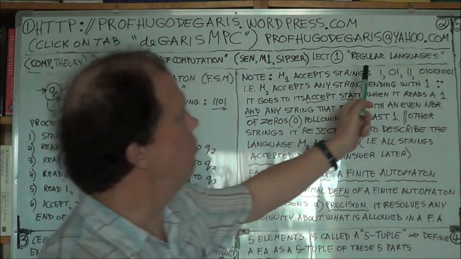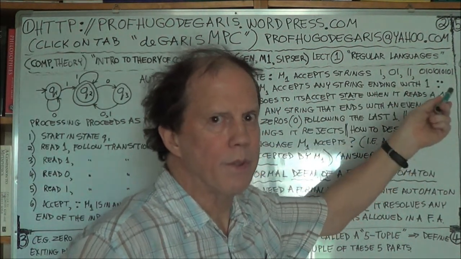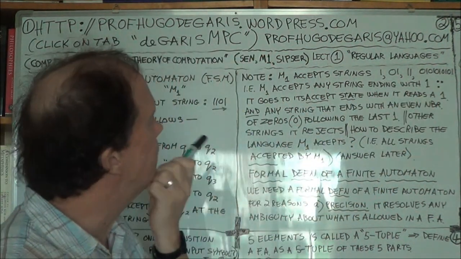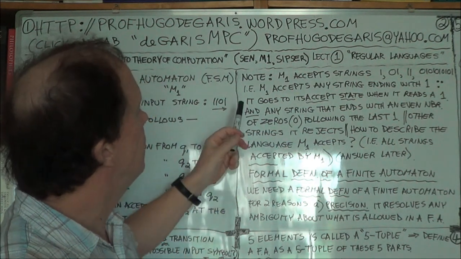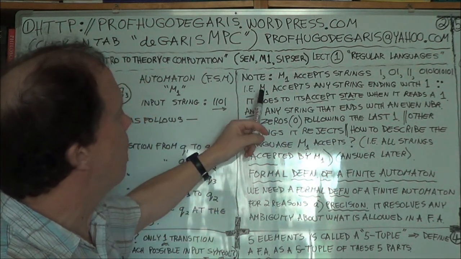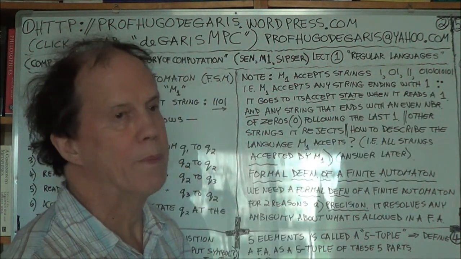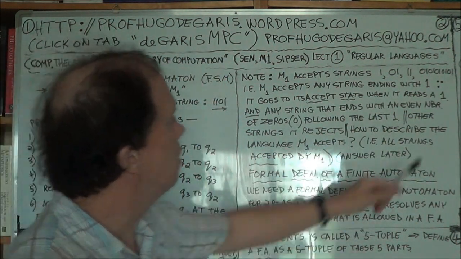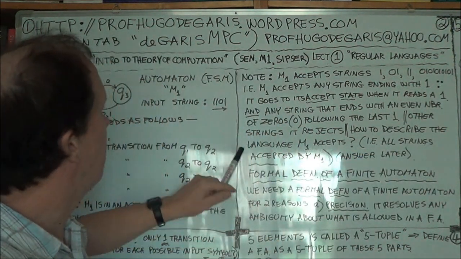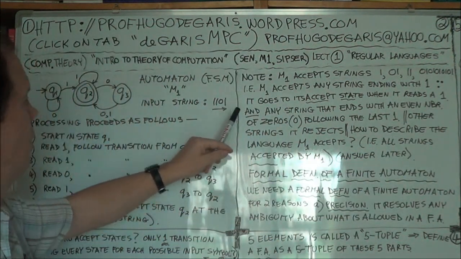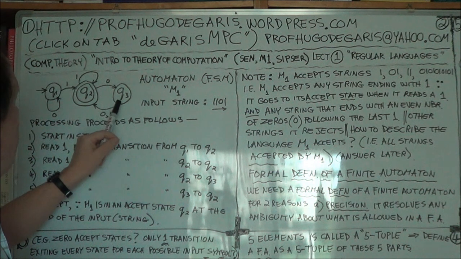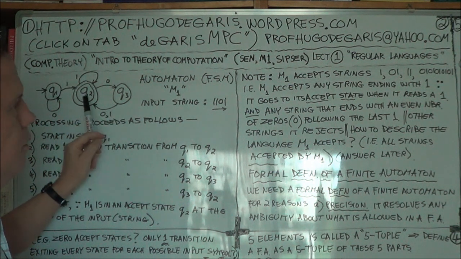So you can do lots of examples, and you come to the conclusion that M1 will accept any string that ends with 1. Because when it reads a 1, it goes to Q2.